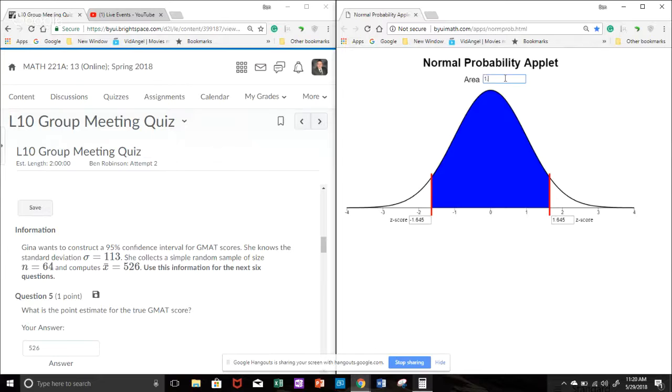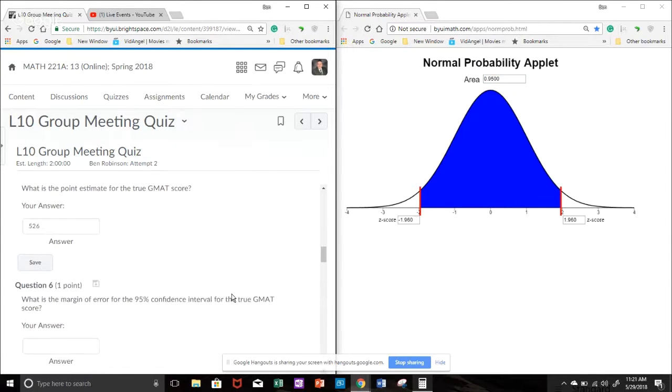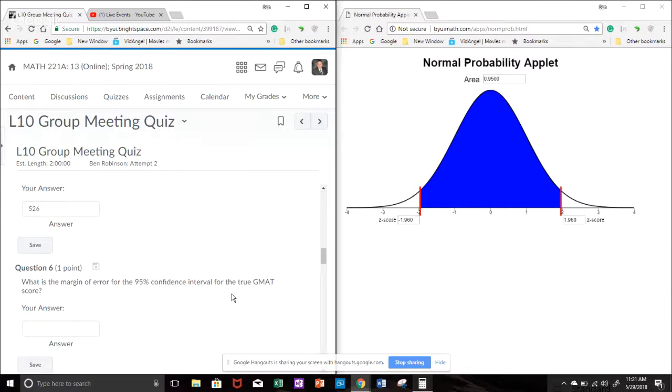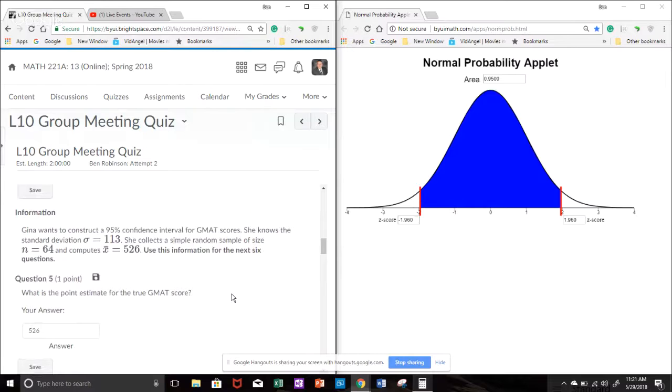I'm not sure if we have to apply the formula now in that question. Correct, it's looking for the margin of error. So our formula was the sample mean plus or minus z times standard deviation divided by the square root of n, right? Right.